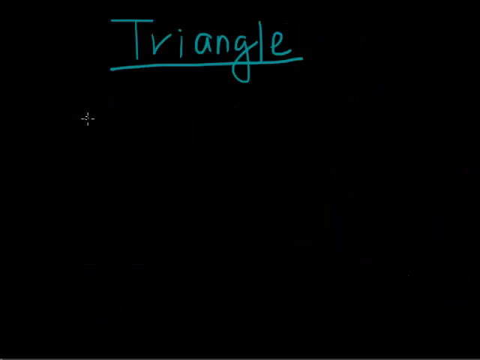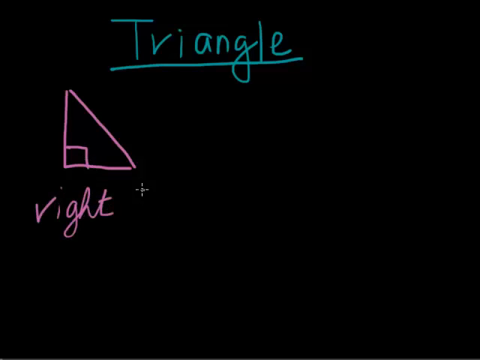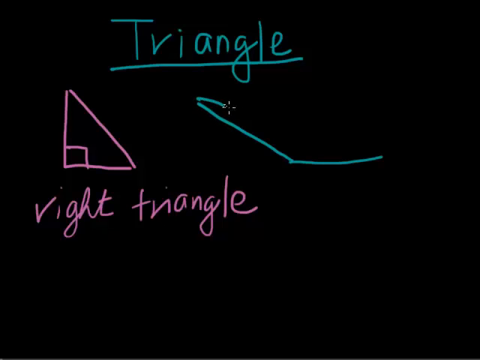Okay, so now let's relate what we just learned about an angle to a triangle. So if we draw a triangle, okay, and if this is 90 degrees, we can call this a right triangle. Okay, and if we have a triangle that looks something like this, we know that this angle is definitely more than 90 degrees.